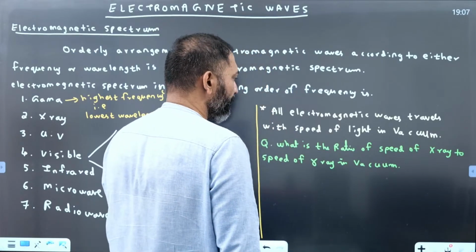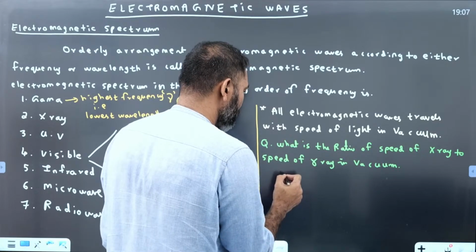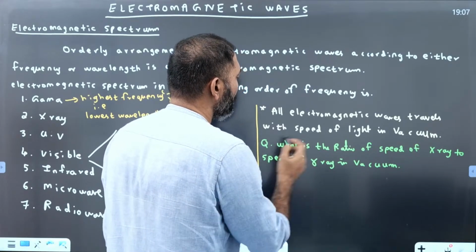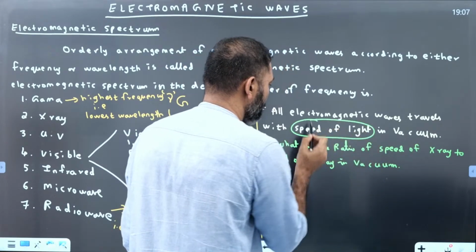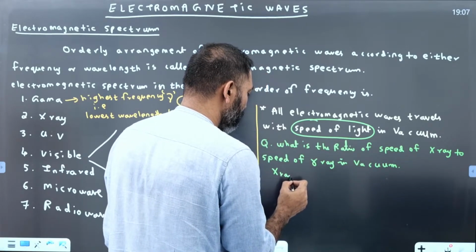This is the question. All electromagnetic waves travel with what? The speed of light. So what will be the ratio of X-ray to gamma ray?